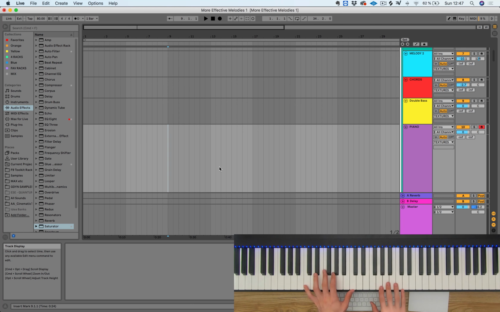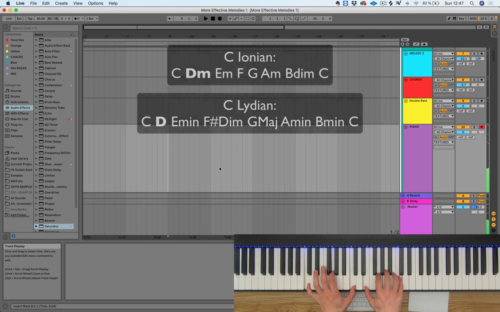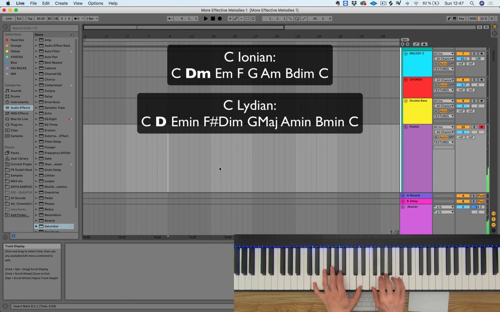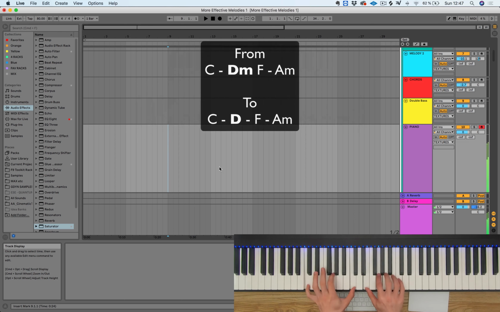So instead of going from C major to D minor, F, and to A like this, if I change out the second step chord, which is D minor, to D major, which would be borrowing from Lydian, then it would sound like this.